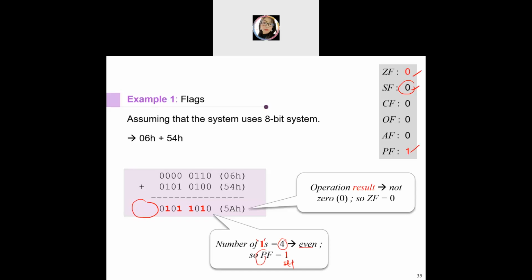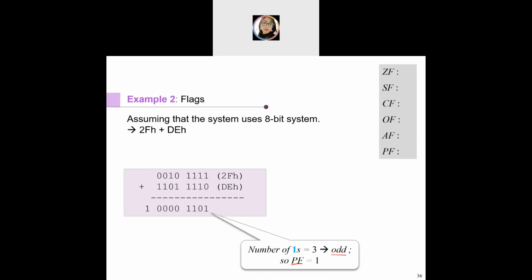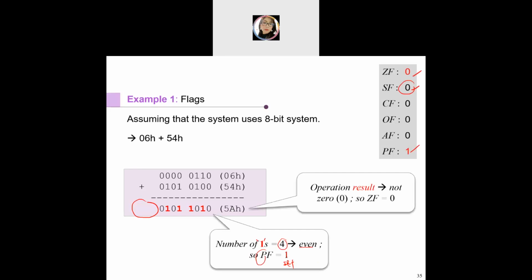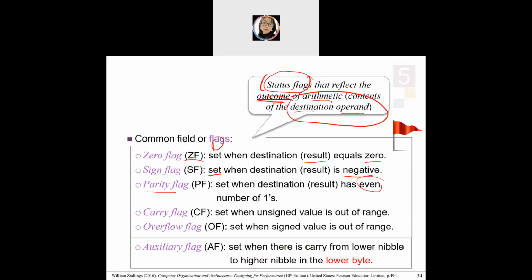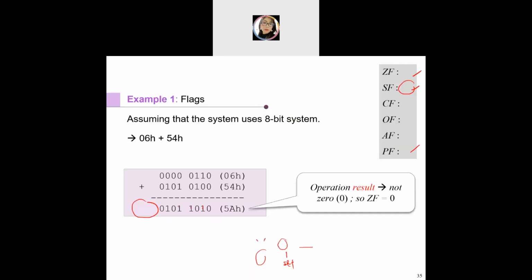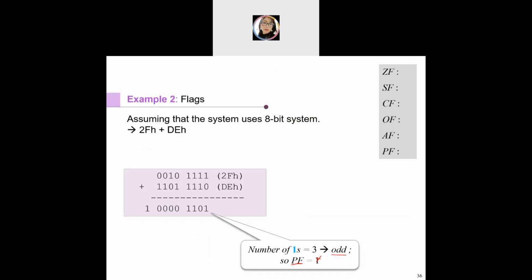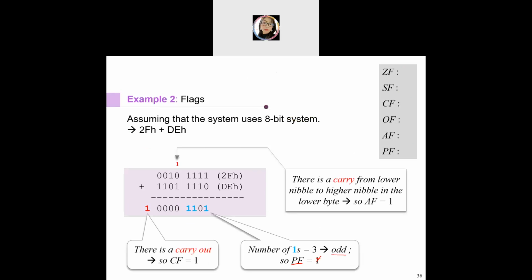So this one, I think, is wrong. You need to have even number of 1s. If it is odd, it's going to be 0. So please correct your answer or your slide if you get a PF of 1 here, because our odd number supposedly will be 0.